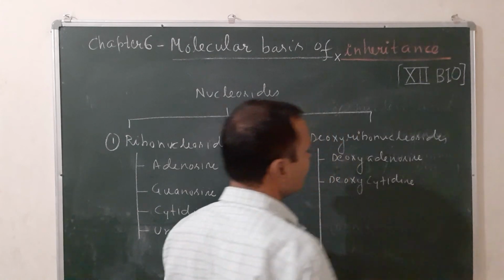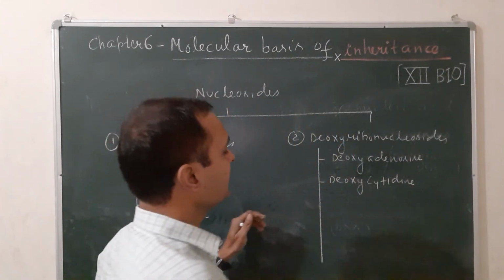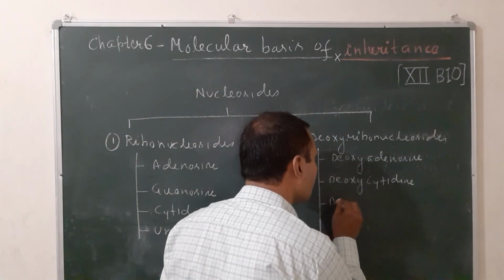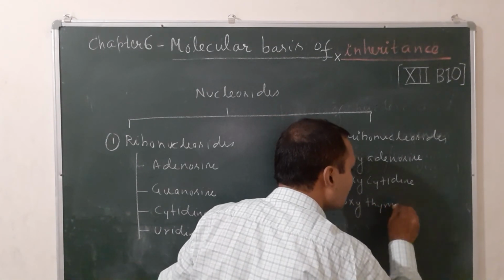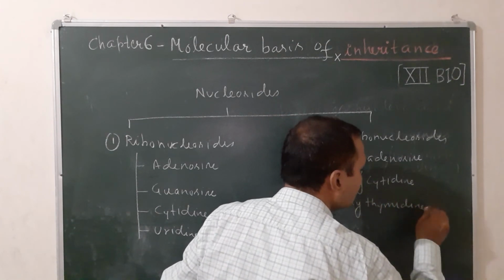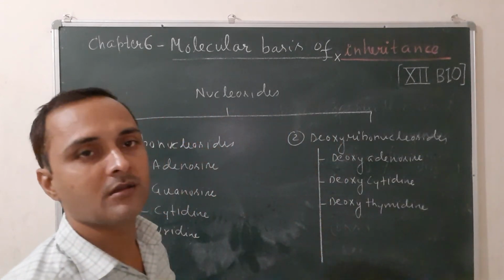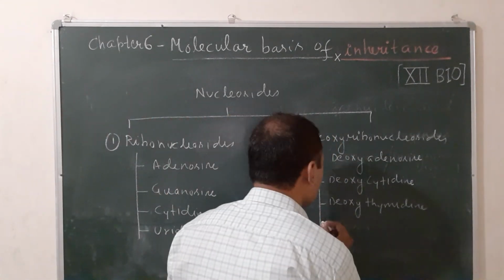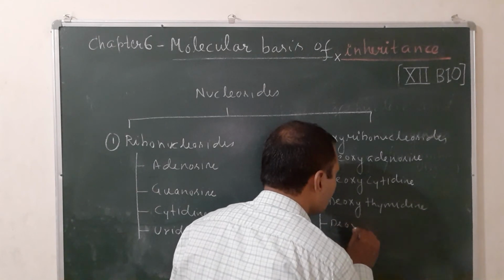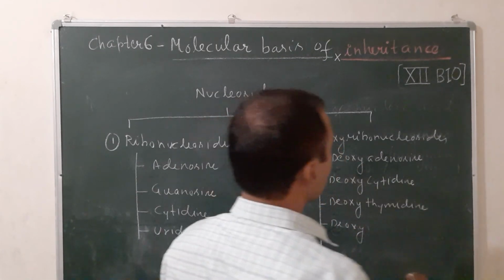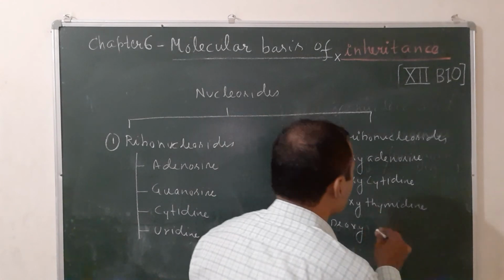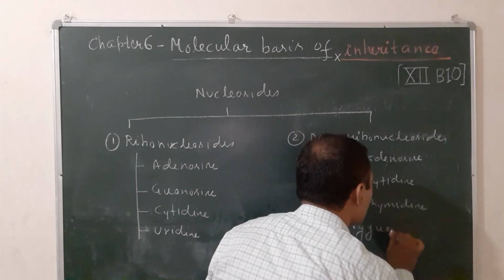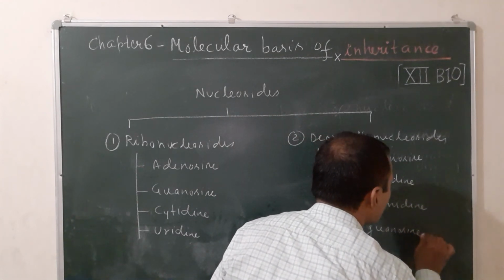This is the nucleoside of cytosine. Third one deoxythymidine. This is the nucleoside of thymine. And last one deoxyguanosine. This is the nucleoside of guanine.